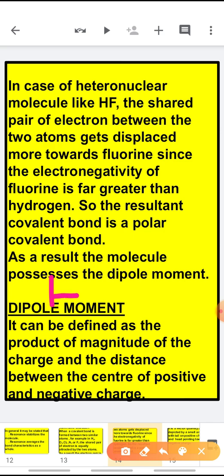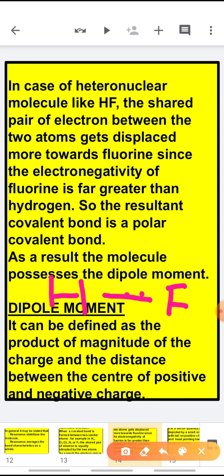This is the hydrogen atom, this is the bond, and this is fluorine. You all know fluorine is more electronegative. There is a far difference. Fluorine is far more electronegative than hydrogen. So what happened? The shared pair of electrons shifts towards fluorine. As a result, the covalent bond becomes polar, and it is called a polar covalent bond.